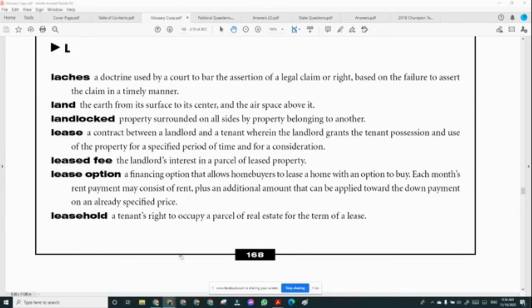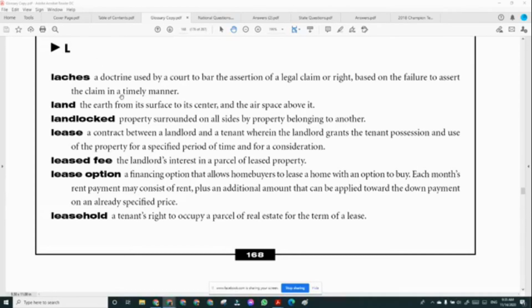Okay, continuing on. Laches. A doctrine used by a court to bar the assertion of a legal claim or right based on the failure to assert the claim in a timely manner. So when you have a latch on a door, right? The latch slides to prevent the door from opening, from the interior, for somebody to break in.